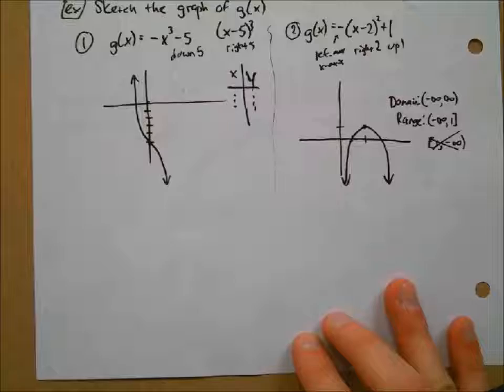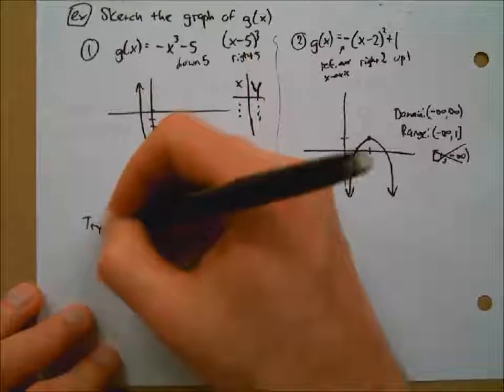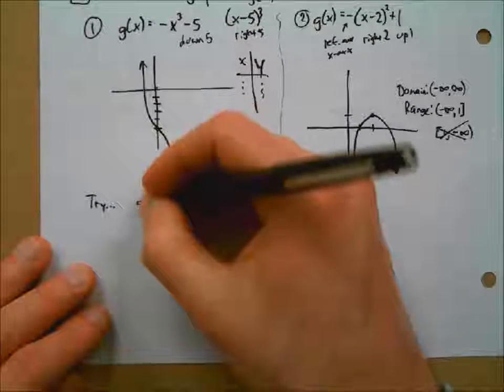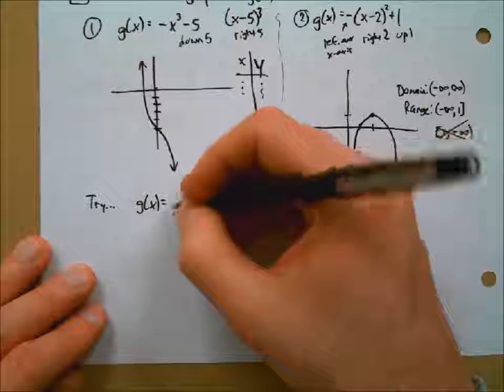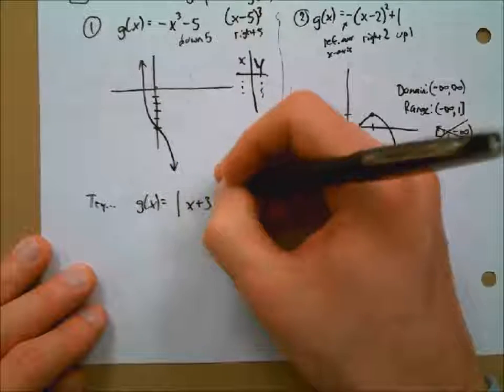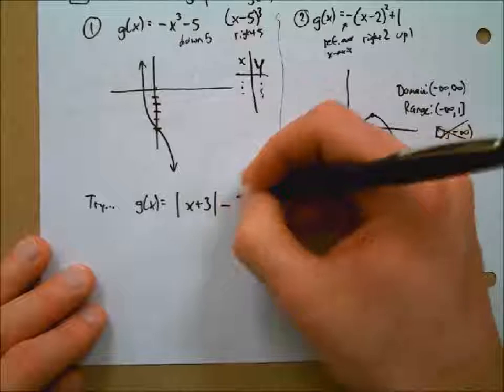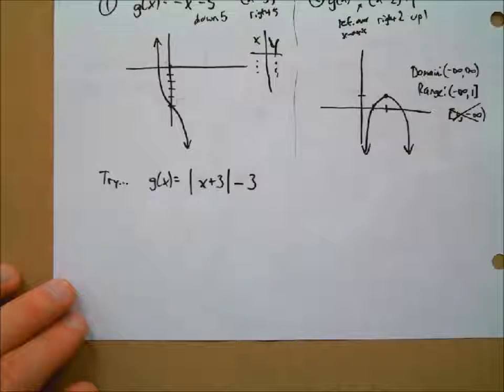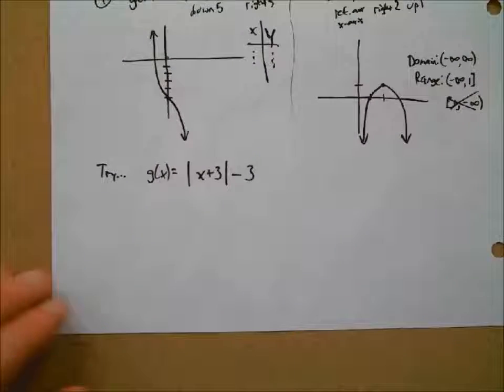All right. So here's one for you guys to try, and then we'll get you started on your assignment after that. Okay. So try this one. g of x equals the absolute value of the quantity x plus 3, minus 3. Like that. Okay. So go ahead, try and sketch that real quick.